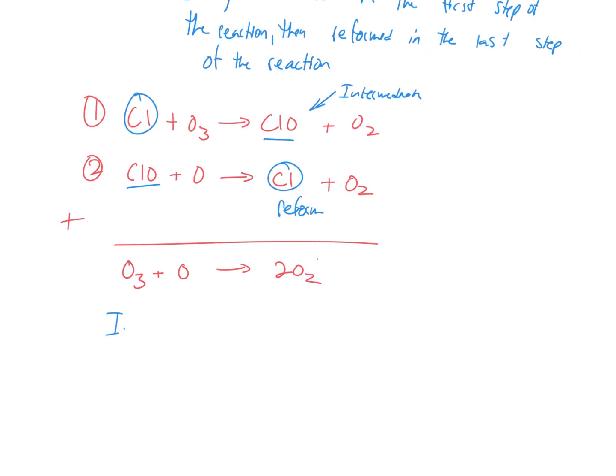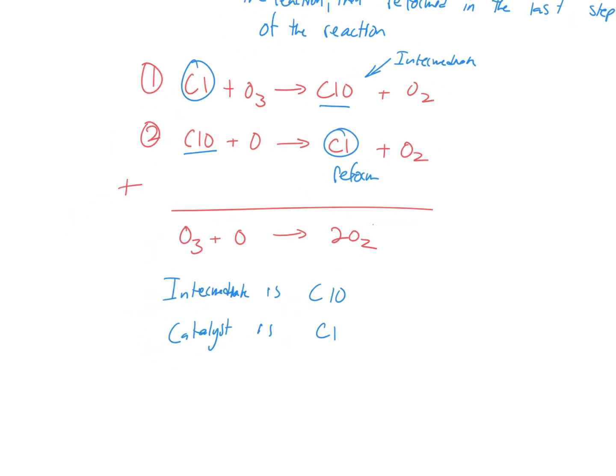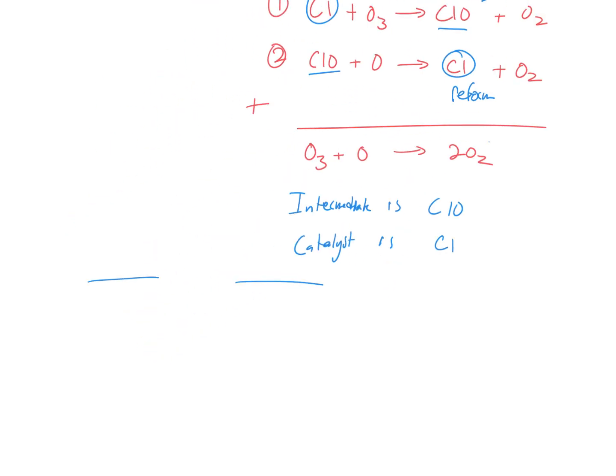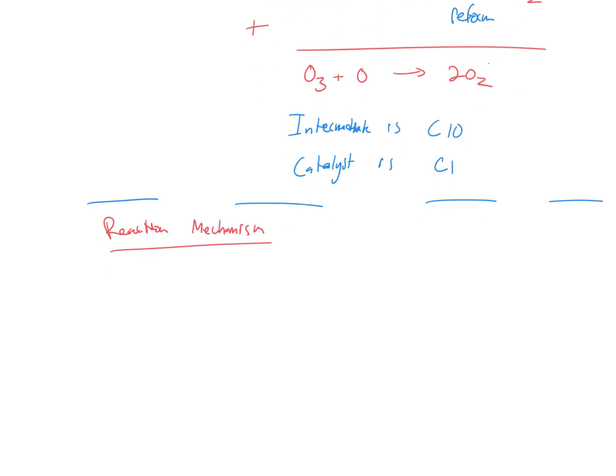My intermediate is ClO, and my catalyst is Cl. And so with this, we can write basically a scaffold for a reaction mechanism, or basically some rules. And those will be here.